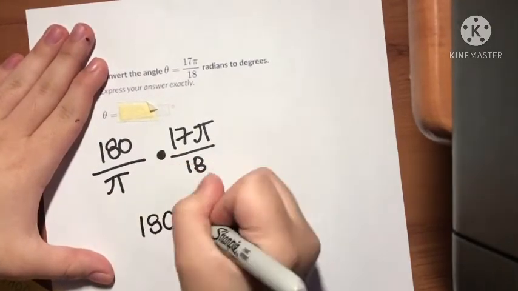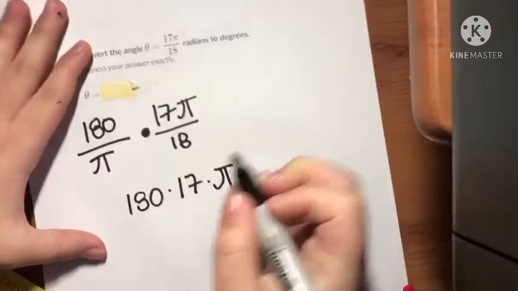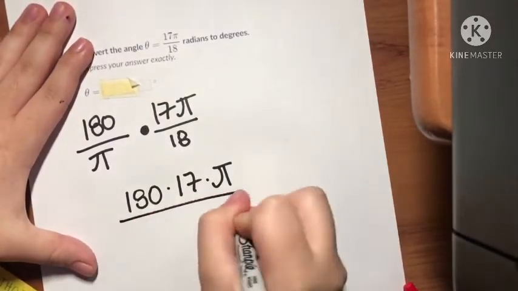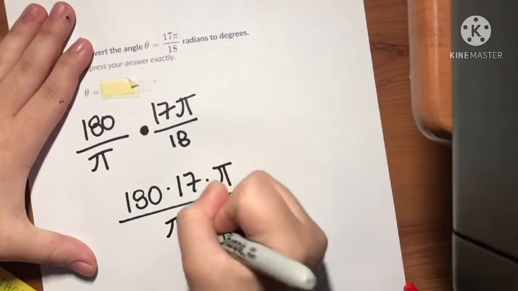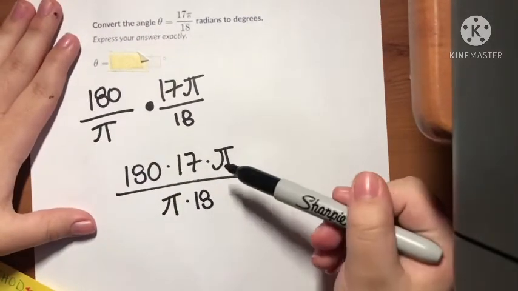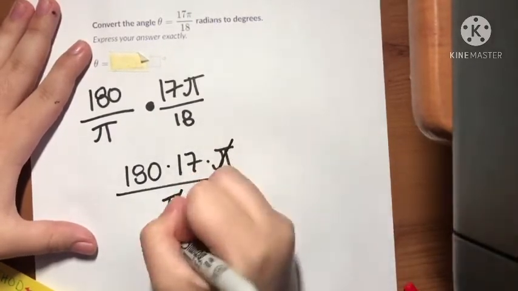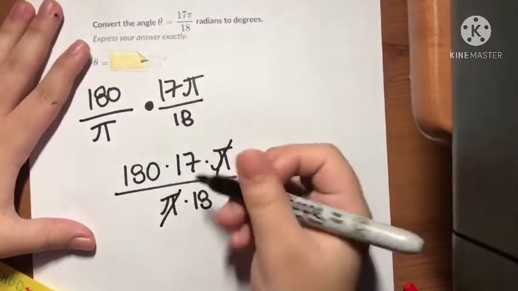180 times 17 times pi over pi times 18. We have pi both on the top and on the bottom, so they cancel each other because pi divided by pi is 1.